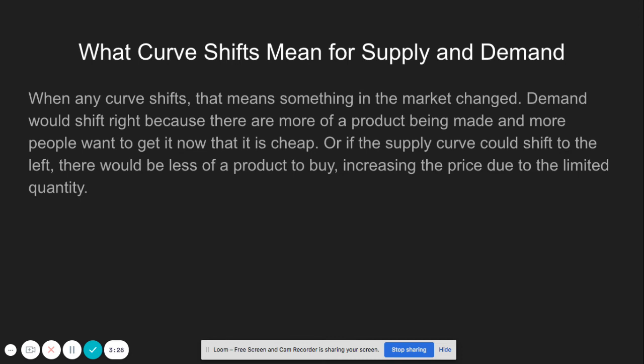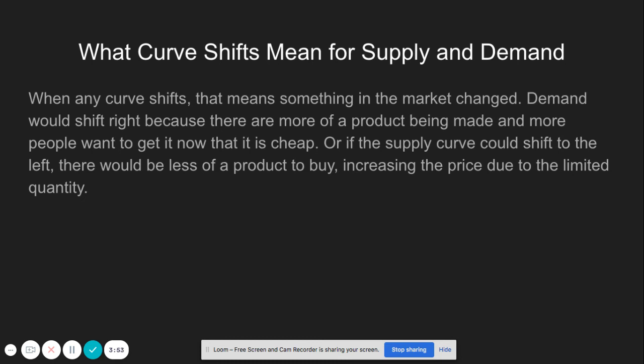Another example: if the supply curve shifts to the left, that means there is less of a product to buy, meaning either they stop producing it or they're low on supply, so they're producing less of it. Because of that, the price will increase, so they can make more money off the smaller amount that they have.